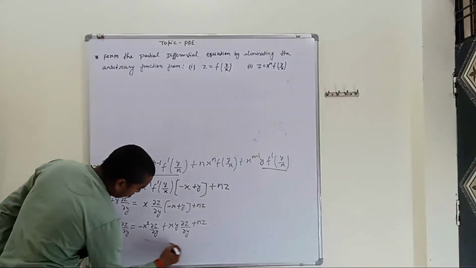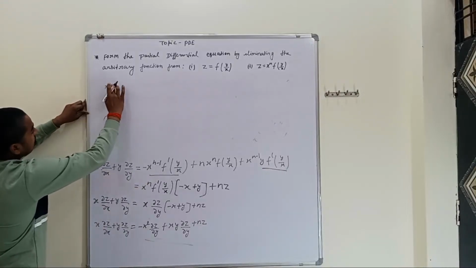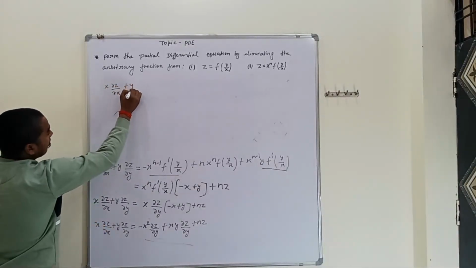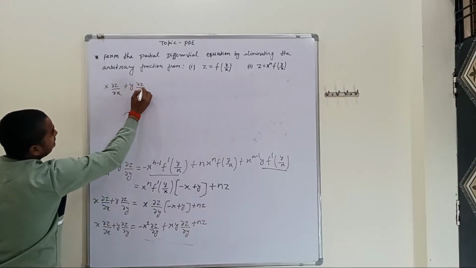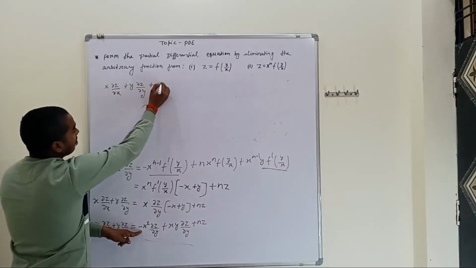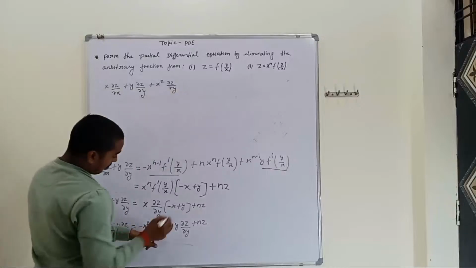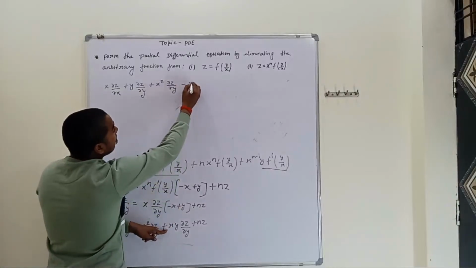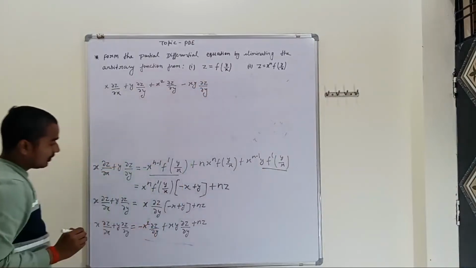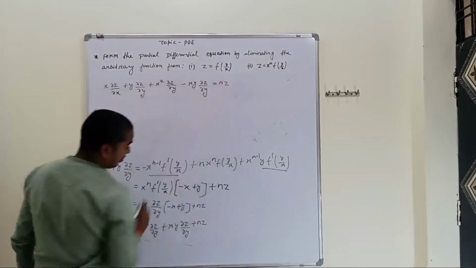taking this function to the left hand side, that is x del z upon del x plus y del z upon del y, and this function taken to the left hand side with minus, that is plus x squared del z upon del y minus xy del z upon del y is equal to nz.